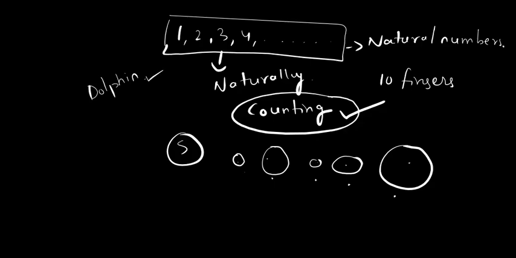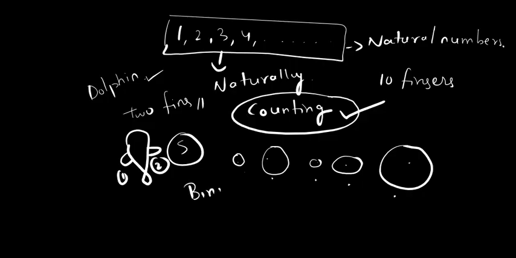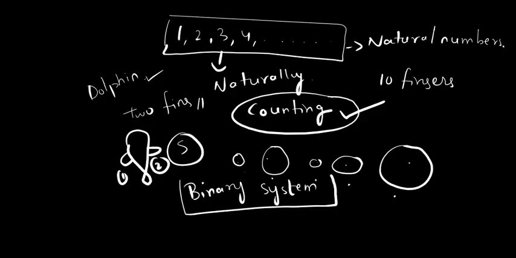Dolphins have only two fins, whatever the name may be. If we see a dolphin like this, it has one, two. It would have counted with one, two. Then the binary system would have been introduced. Even now we have the binary system that is used for computers, but we are not concerned with that.